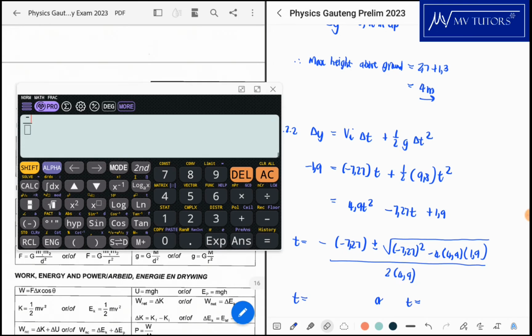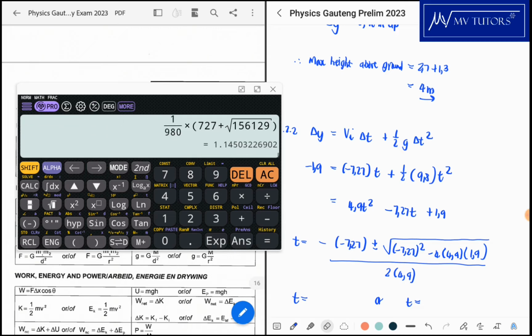So we have negative 7,27. I'm going to do the plus first, and the square root, 7,27 squared. Whether I use 7,27 or negative 7,27 doesn't really make a difference. It's going to be positive either way because I'm squaring it. Minus 4 times 4,9 times 1,9, and then we divide by 2 times 4,9, which is 9,8.